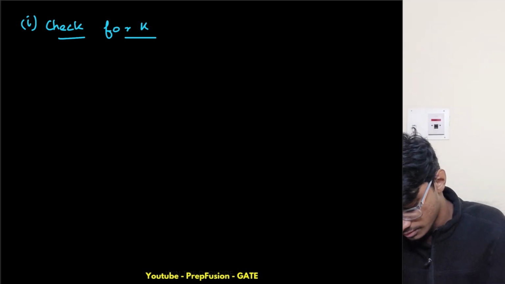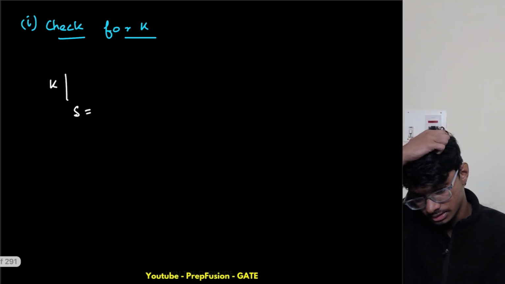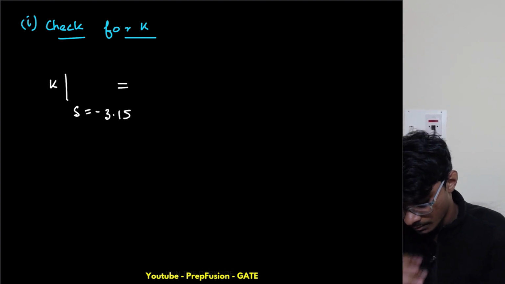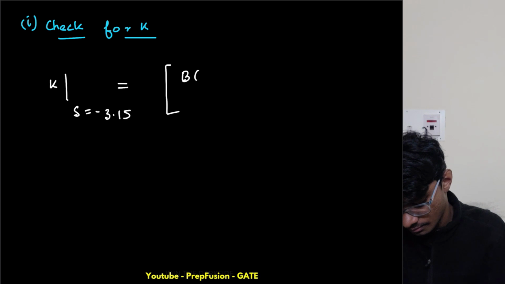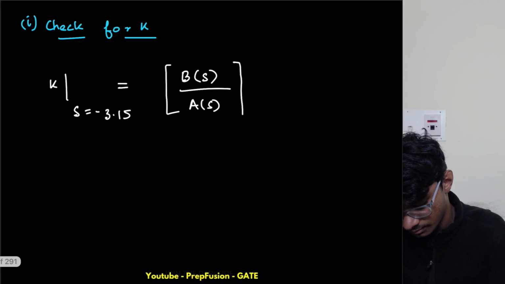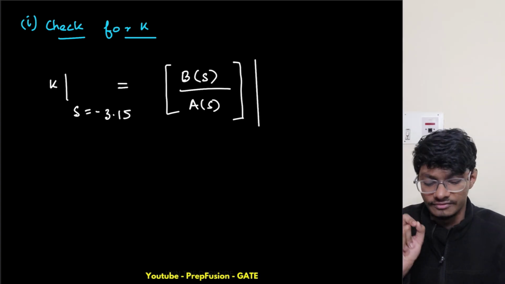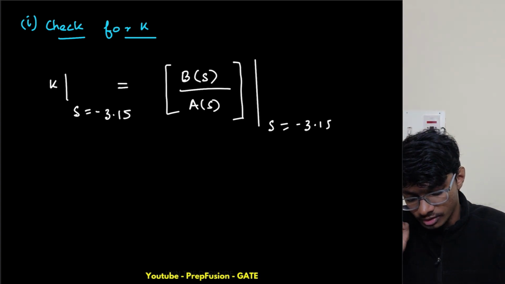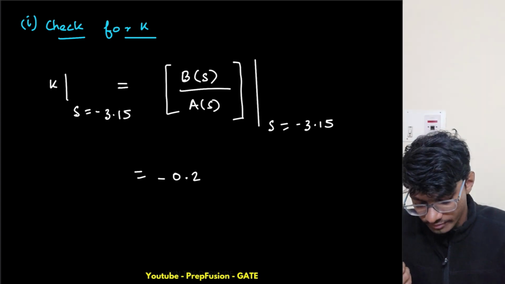So check for K. K will be equal to, let's write this for minus 3.15, and basically this will be B(s) upon A(s), not minus this time. That's why it was making a difference. There was a minus sign outside that was making my K positive. Now I don't have a minus sign outside of this B(s), so that will make my K negative. So my K will come out to be minus 2.5, which is not valid.